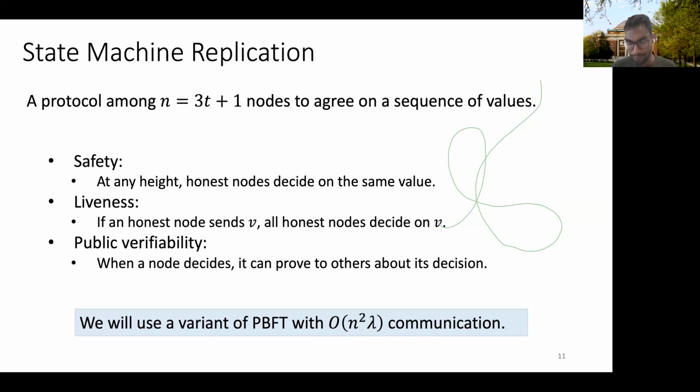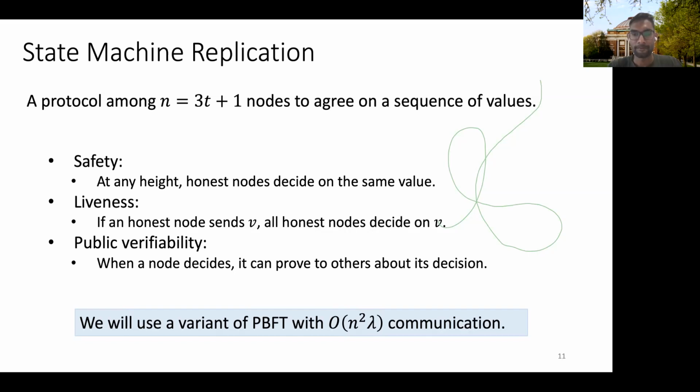So if you look at a sequence of n rounds, the honest nodes will eventually decide 2n by 3 outputs because there are 2n by 3 good leaders. The total communication complexity for the entire sequence of n rounds is n cubed lambda. So amortized it is n cubed by 2n by 3, which gives n squared.